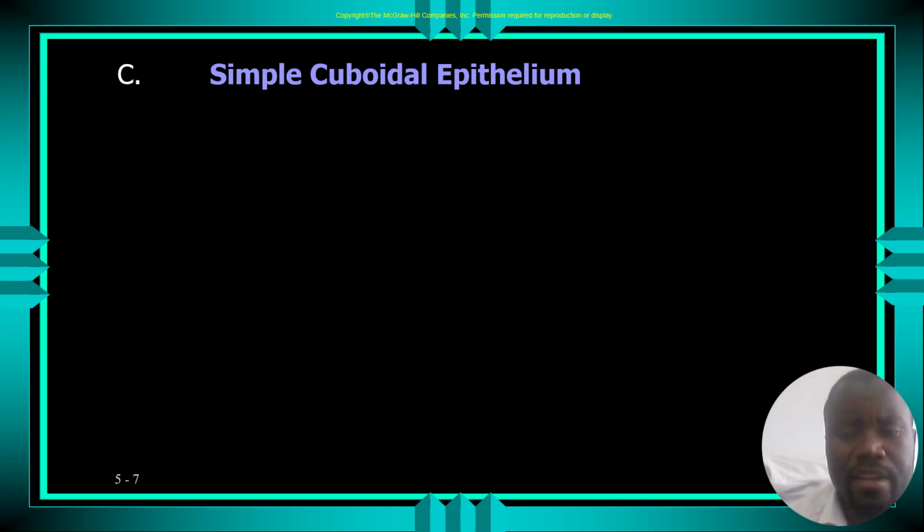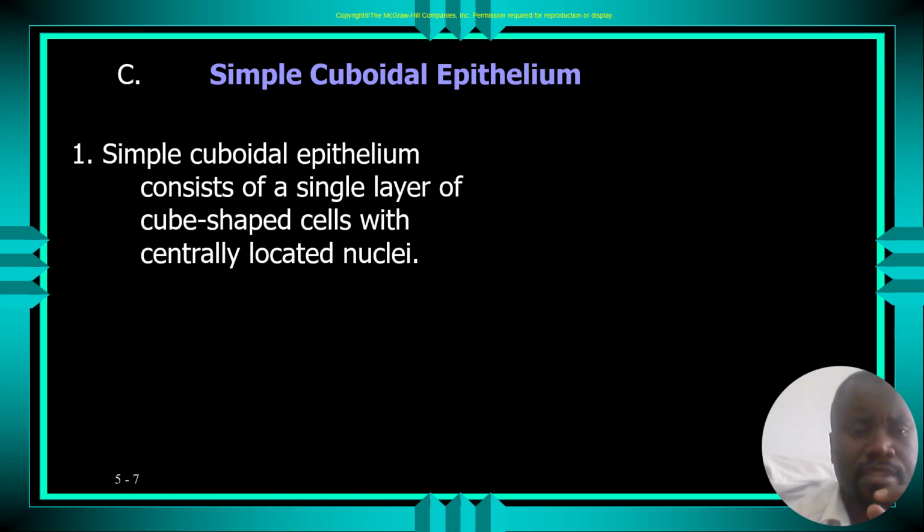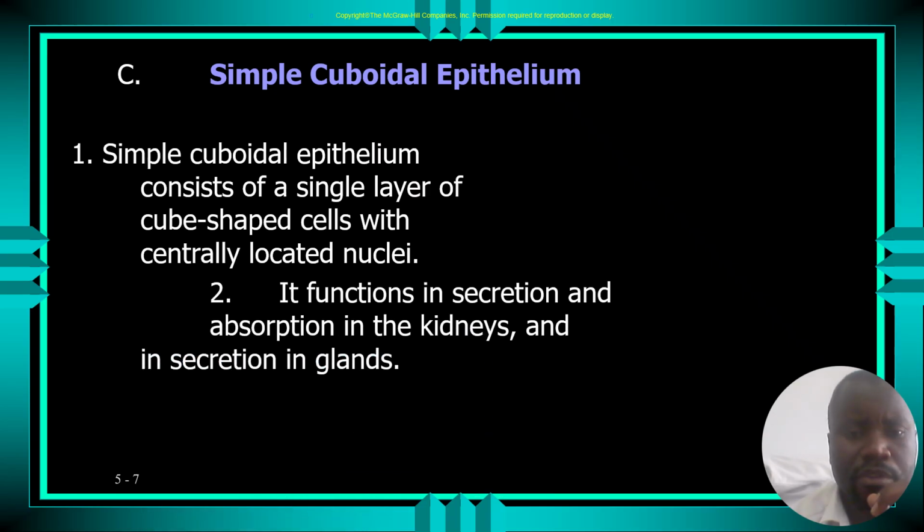Simple cuboidal, again, that means simple means one layer of cells. Cuboidal means these are cube kind of cells, not flat but cubes. So where do we find them? We find them in secretory sections of the body. So they function in secretion and absorption.